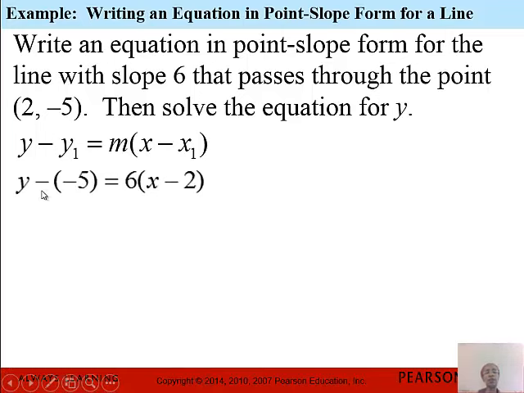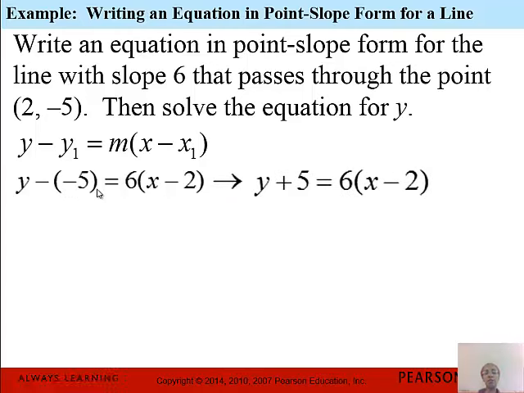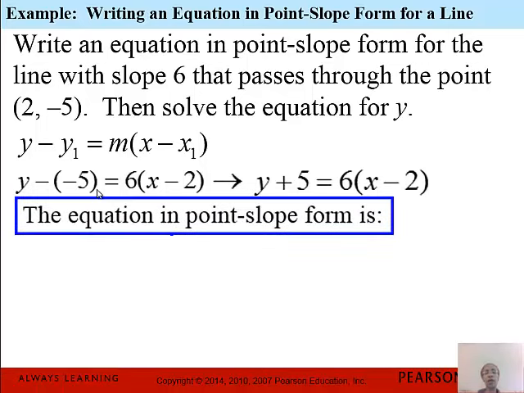Let's simplify y minus -5 to y plus 5. So notice that we were asked to find the equation in point-slope form.